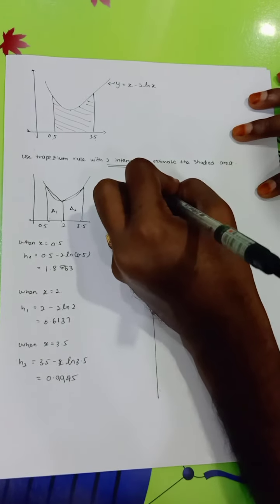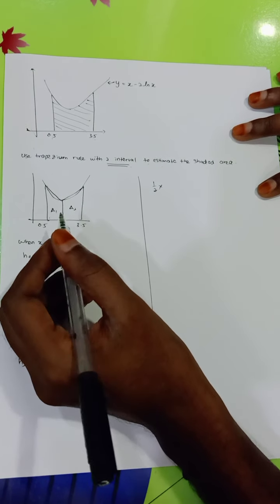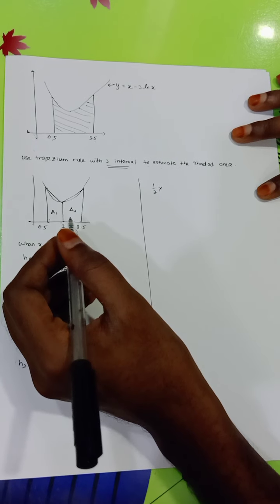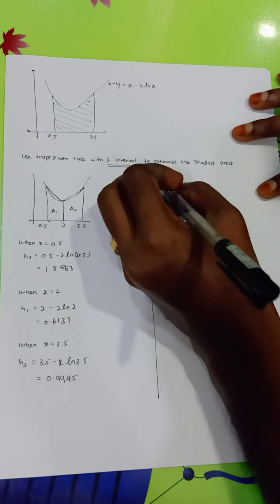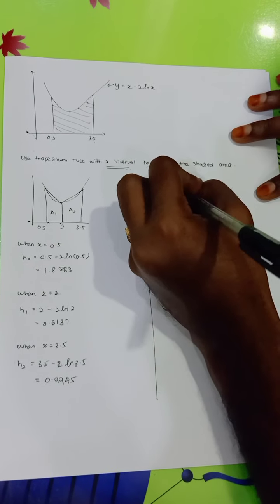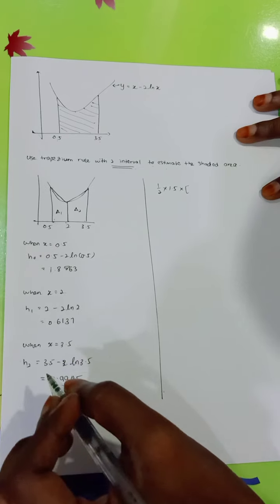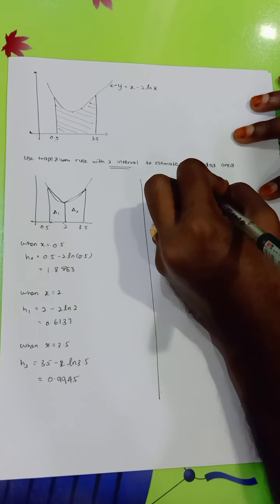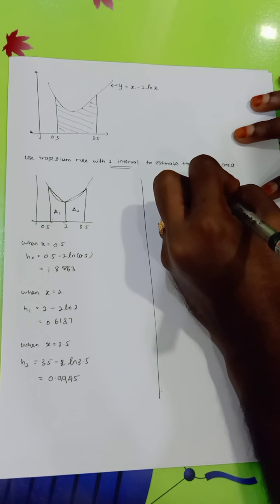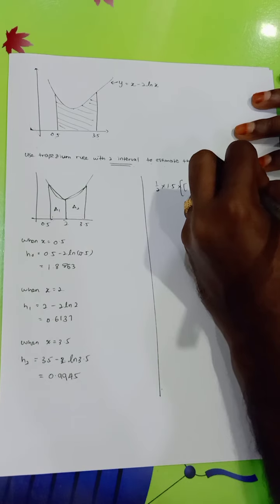So it's going to be 1/2 multiplied by our interval size, 1.5, multiplied by h0 plus hn plus 2 h1.